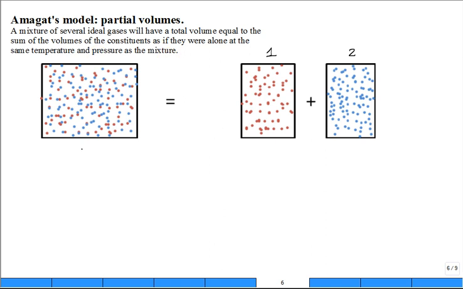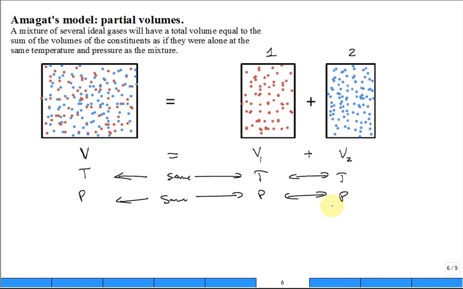So this original total volume is the sum of a partial volume and a partial volume. If I have 2, then it's just 2 components. And this partial volume is for the same temperature and the same pressure.